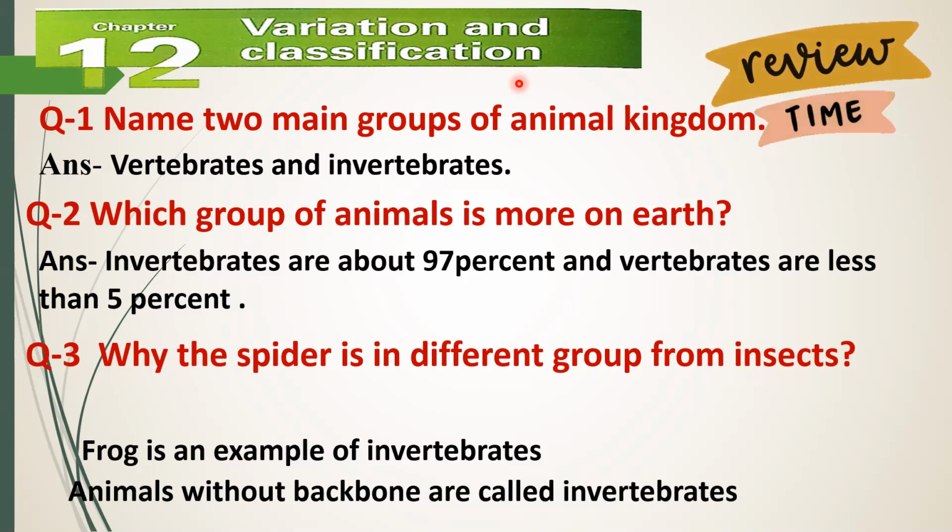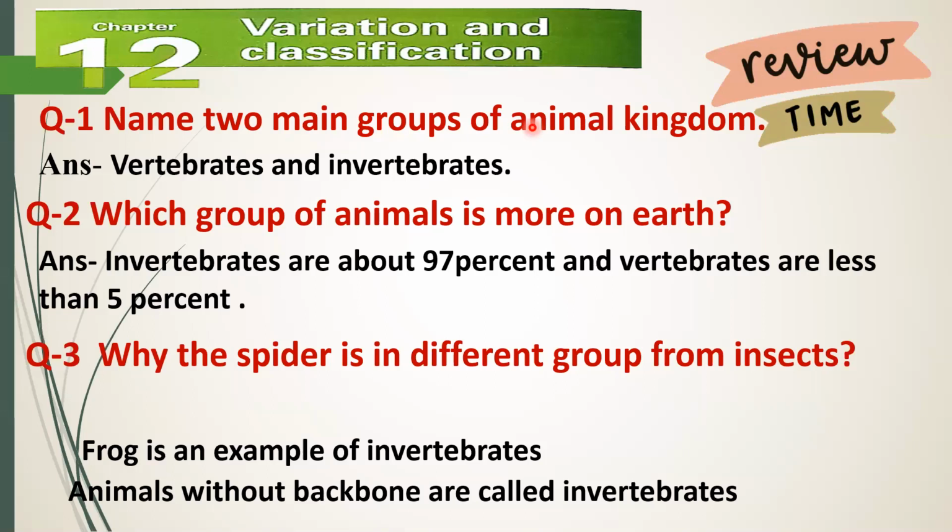Okay, come towards the third question. Why is the spider in a different group from insects? Who will answer this question, please? Raise your hands. It's a very easy question. Because it has eight legs.